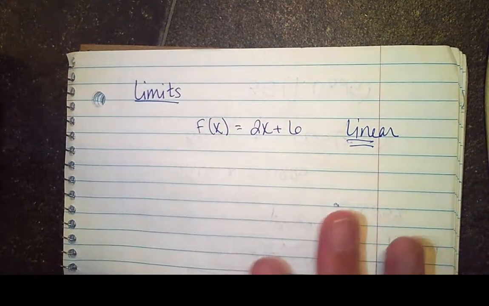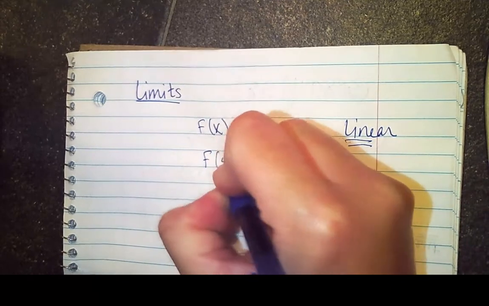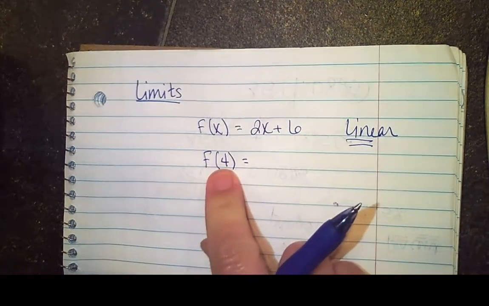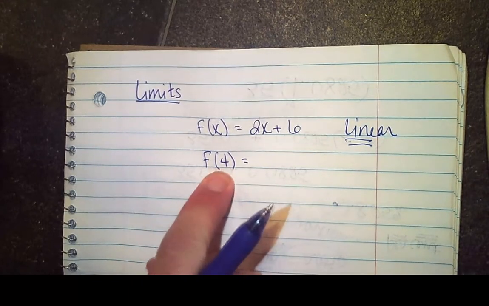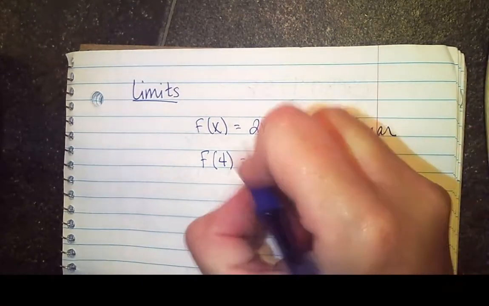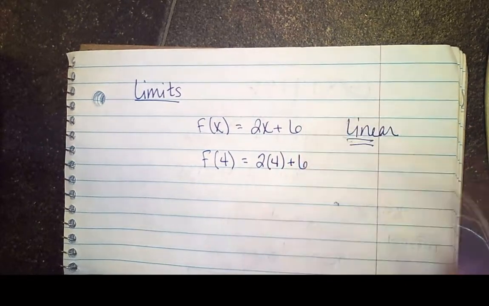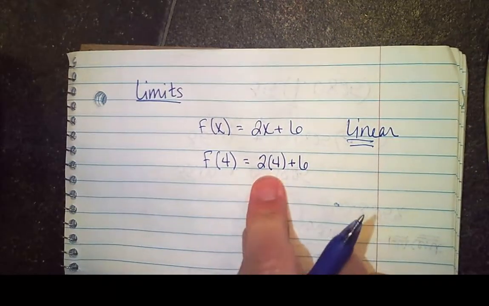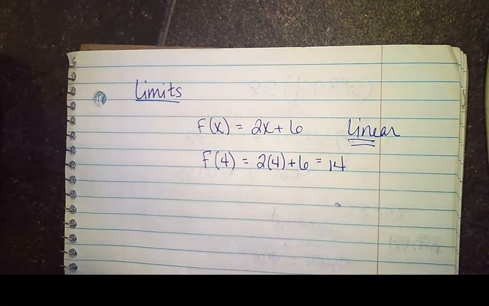Everything that we do for now is going to be functions. If I ask you what is f of 4, then you would know to evaluate this function at 4. In other words, if I shove in an x value of 4, what y coordinate pops out? So 2 times 4 plus 6 is 8 plus 6, which is 14. So what do we know?